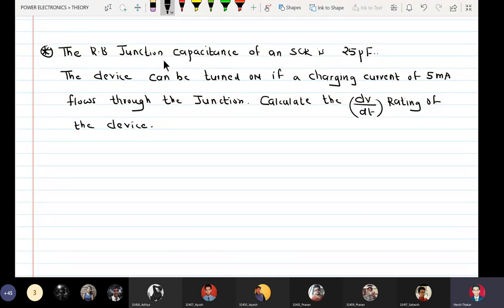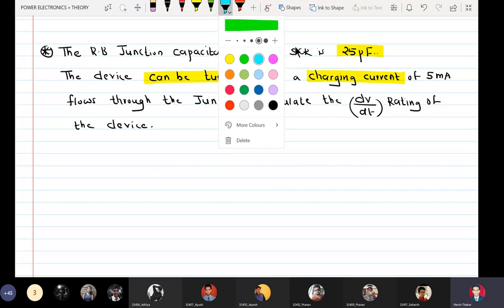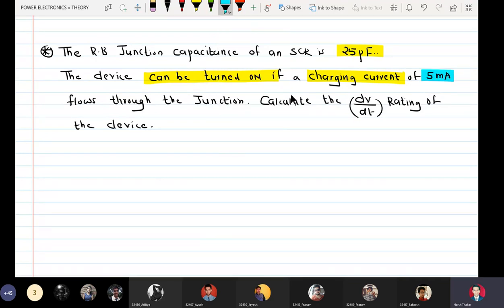Okay, so numerical is the reverse bias junction capacitance of an SCR is 25 picofarad. The device can be turned on if a charging current of 5 milliampere flows through the junction. Calculate the dV by dt rating of the device. Very simple numerical. Write down.